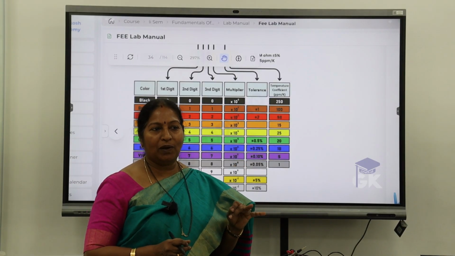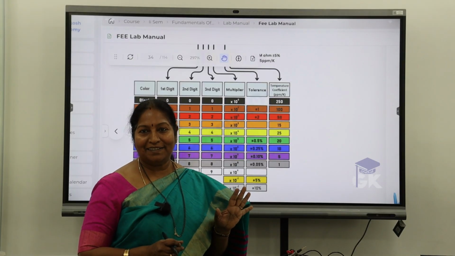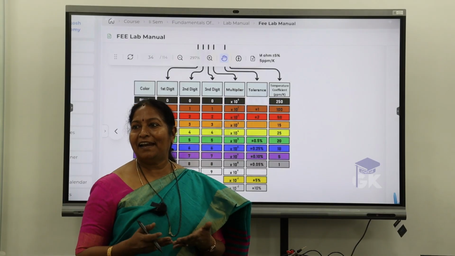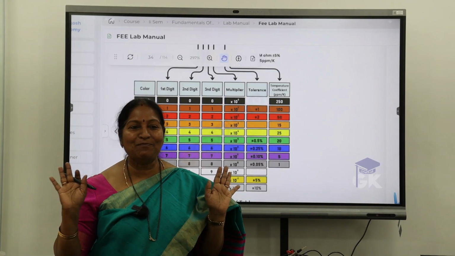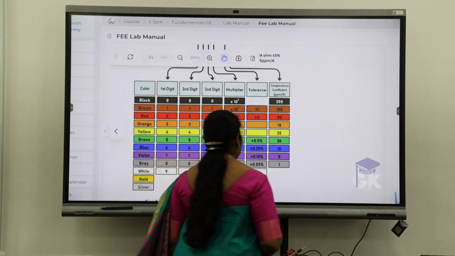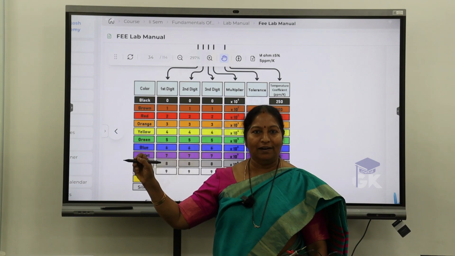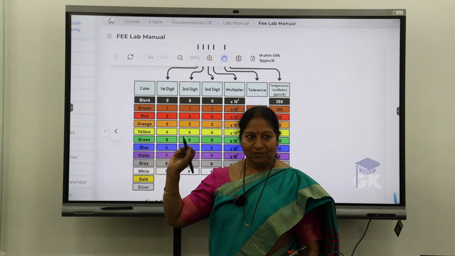It depends, whatever coding you learn, you can use the same. So this is the code we used: Black boy runs over young girl, but Veena gets wild.